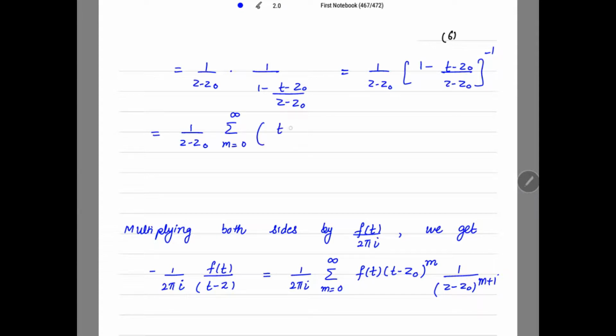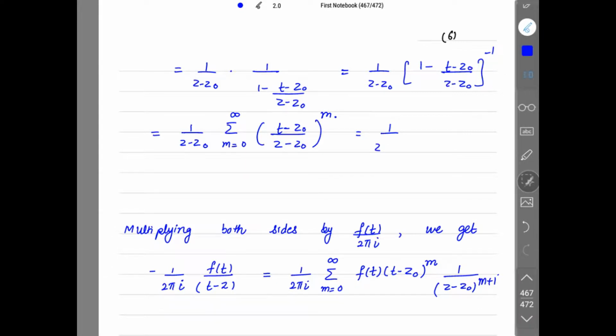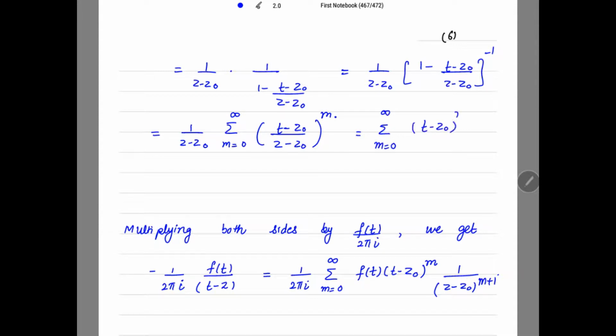So this is t minus z naught over z minus z naught to the power m. Now again collecting the terms in the denominator, this is summation m going from 0 to infinity, t minus z naught to the power m over z minus z naught to the power m plus 1, right.